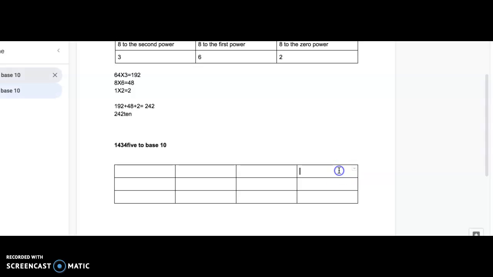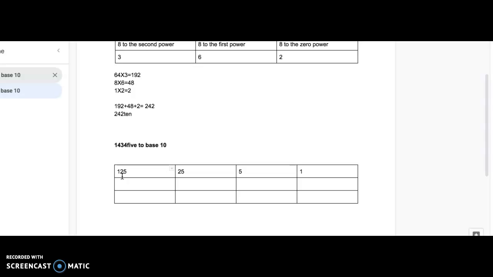So first we're going to write our place values in the top row, which is 1, 5, 25, and 125. So 5 times 5 is 25, 25 times 5 is 125.